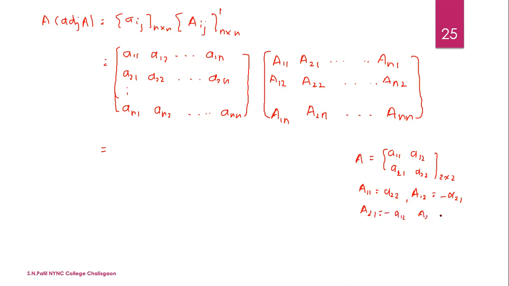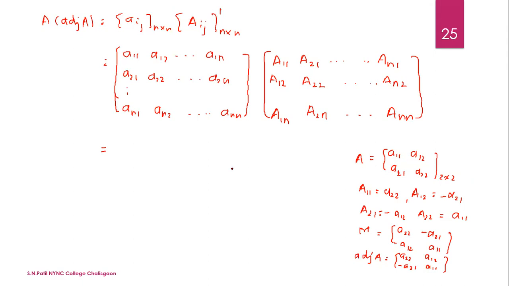And for A22, we get A11. These are the entries of the cofactor matrix M: A22, minus A21, minus A12, A11. When we take its transpose, this is nothing but the adjoint of A, which is A22, minus A12, minus A21, A11.